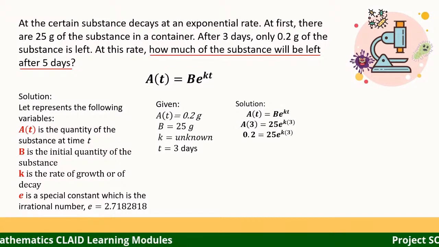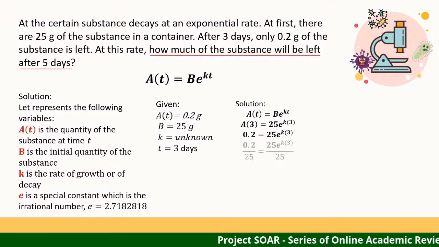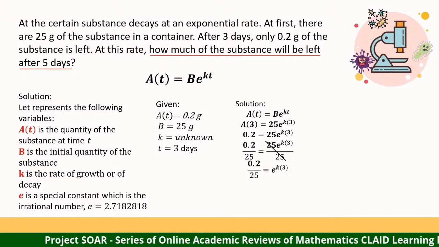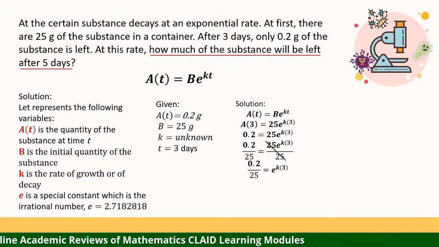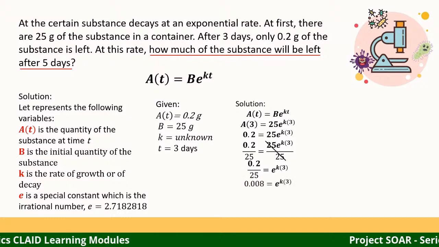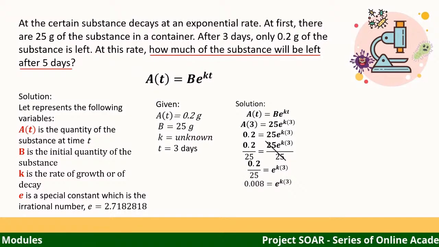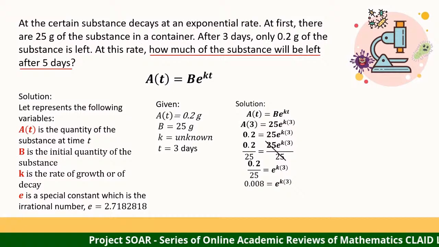So we have to divide both sides by 25 to cancel 25. Okay, so we have 0.2 divided by 25 is equal to E raised to K times 3. So we have 0.008 is equal to E raised to K times 3.